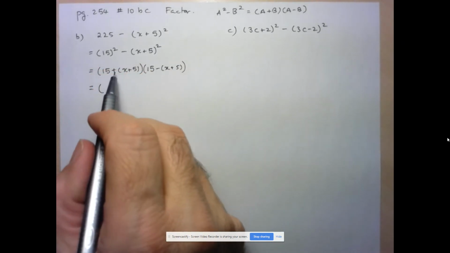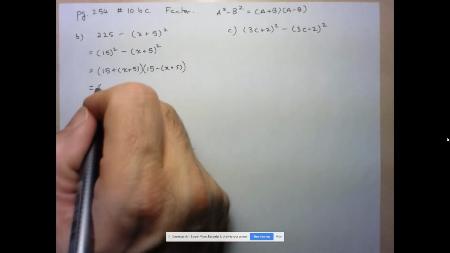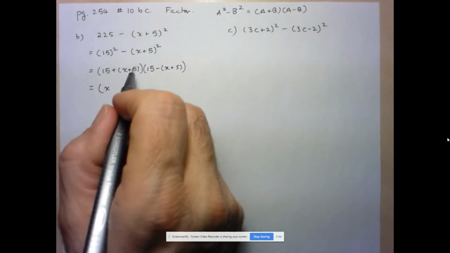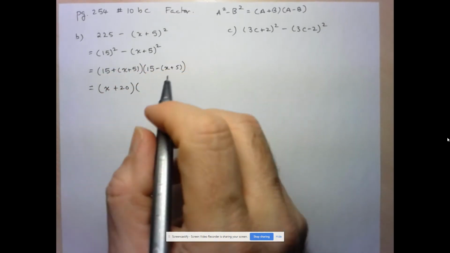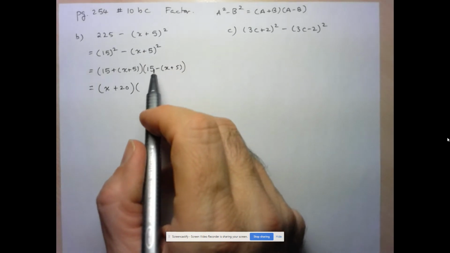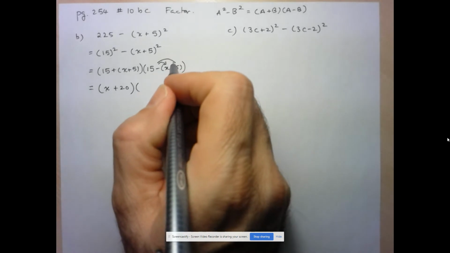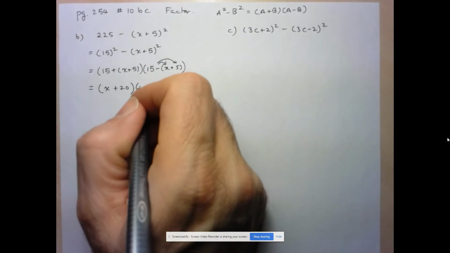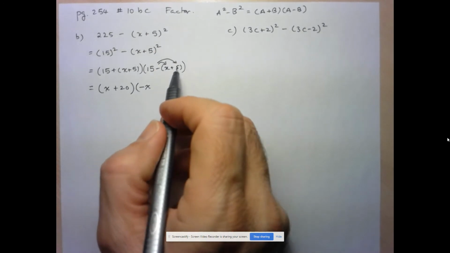Okay, so let's just simplify this here. So here the brackets make no difference. There's the addition. So I have x, and then here I have 15 plus 5 is going to be plus 20. Okay, and when I simplify this here, well, I see that I have a negative x, because remember this negative 1 needs to be distributed to both terms. So I'm going to have a negative x, okay, and then here I'm going to have 15 minus 5.